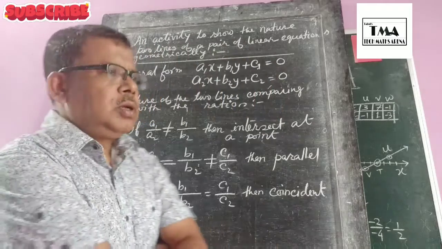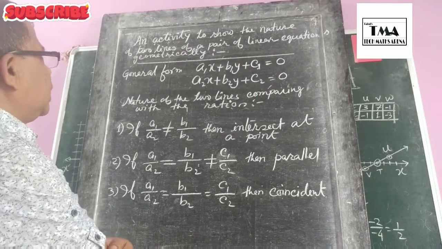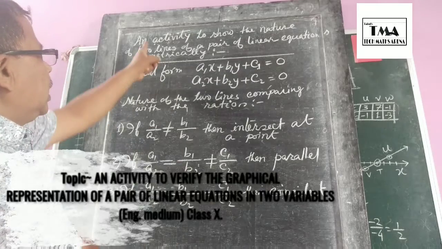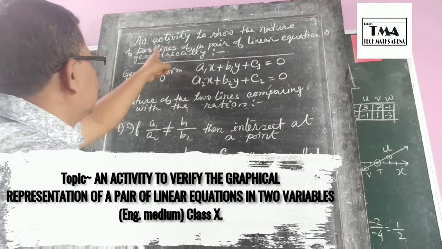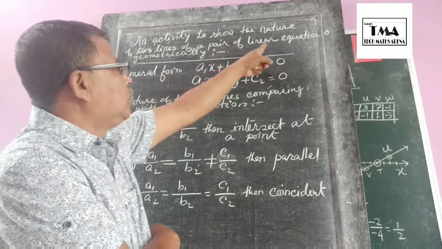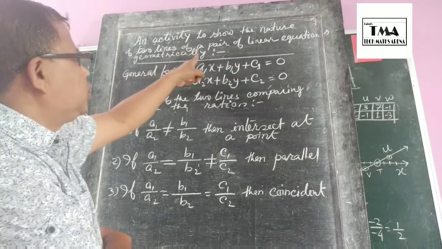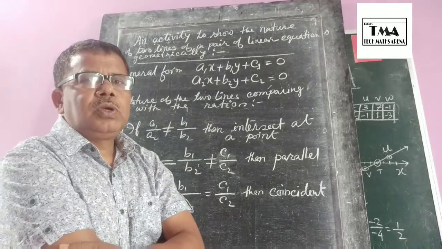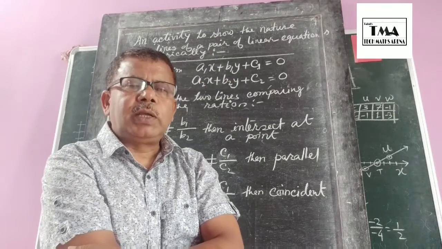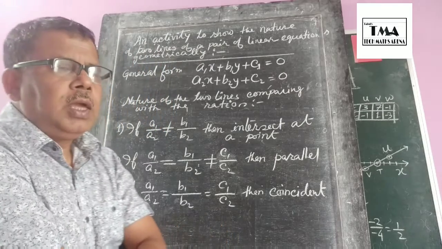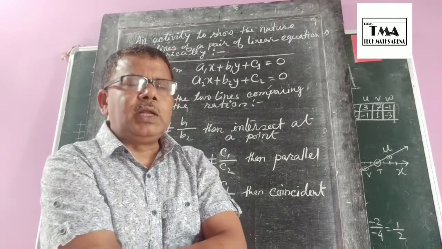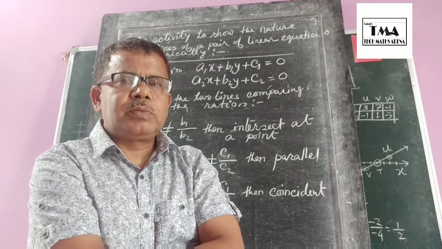You have seen on the board an activity to show the nature of two lines of a pair of linear equations geometrically or graphically. We will discuss this topic by taking an activity, and for this activity we will need 3 graph papers.